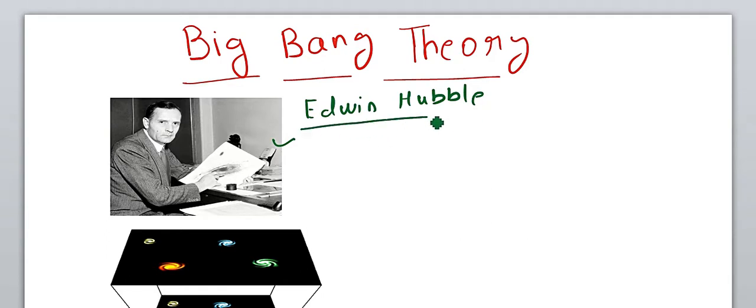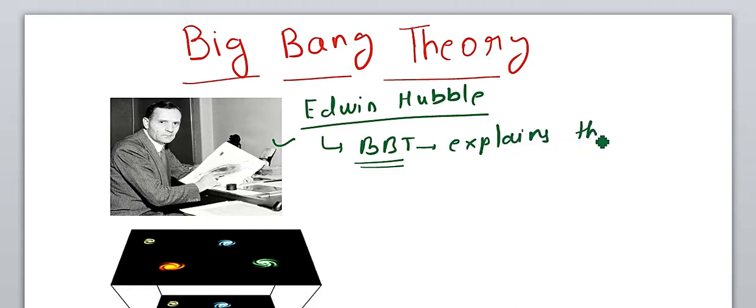Edwin Hubble was an astronomer in the USA, and he proposed this theory, the Big Bang theory, and this is the most accepted theory which explains the origin of the universe, right? So it explains the origin of the universe.